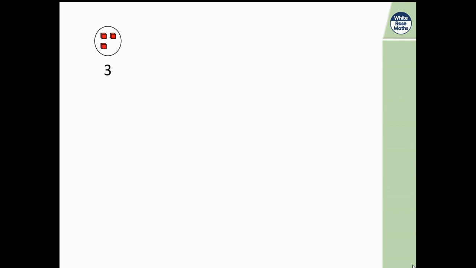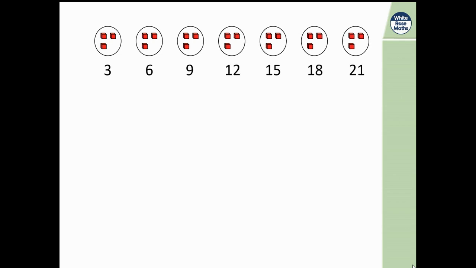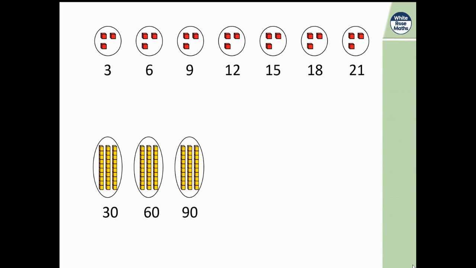Okay, let's have a look now. We have going up in groups of 3. So we're counting on in threes, and I've got 7 lots of 3 there, which gives me a total of 21. There are 21 cubes there, 21 ones, and they've been divided into groups of 3. And you see I've got 7 groups of 3. So let's do that for the tens. Here I've got groups of tens, and I've got 30 in each group, haven't I?